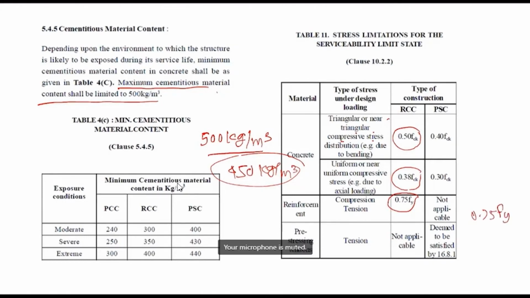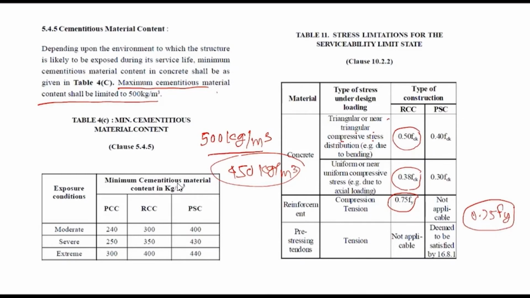In steel, we don't want yielding in service condition, to restrict the inelastic deformation in our structure and also to restrict the crack width. If the strain in the reinforcement is more, there are chances that the crack width will be more. That's why we are restricting the stress in steel in service condition to 0.75 fy.